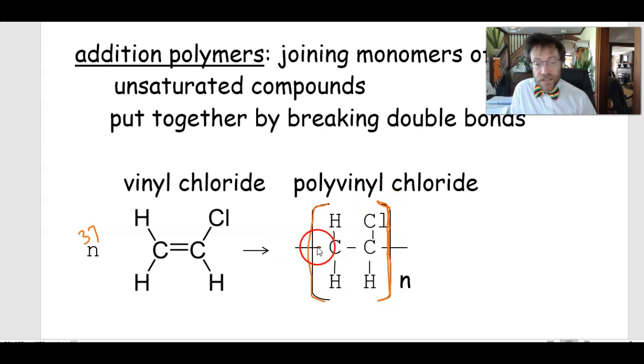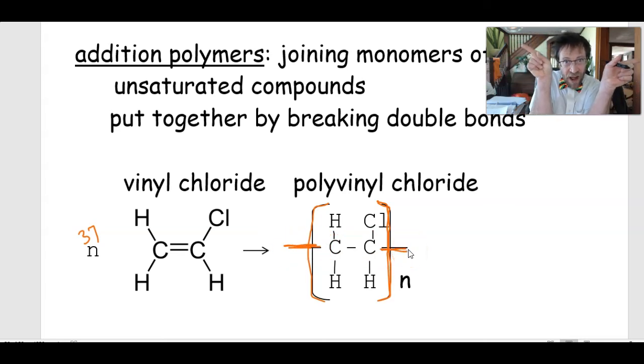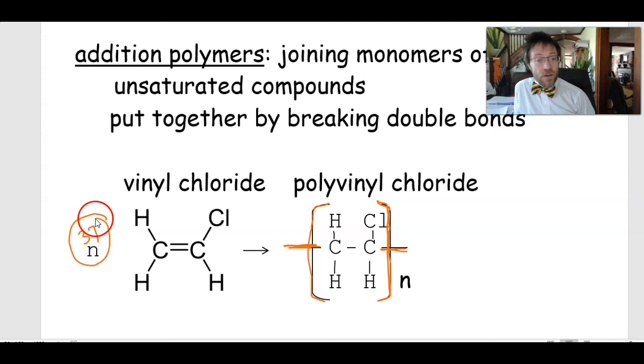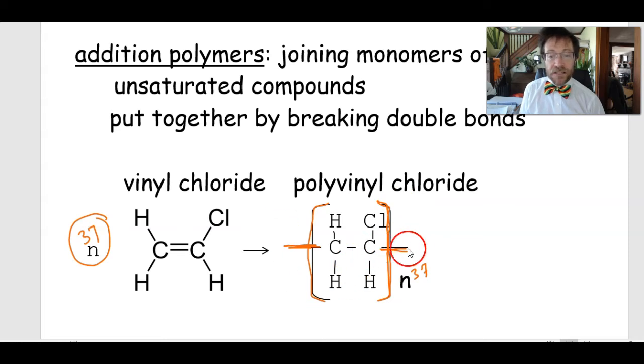And then these bonds, if you notice, are sticking outside of that bracket, and that outside bond is sort of trying to show that these are all linked together. And then n, in this case, if we started with 37 monomers, has a subscript of 37 to indicate that this polymer is made up of 37 monomers.